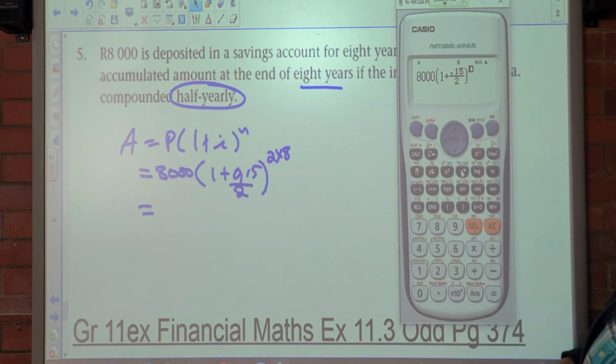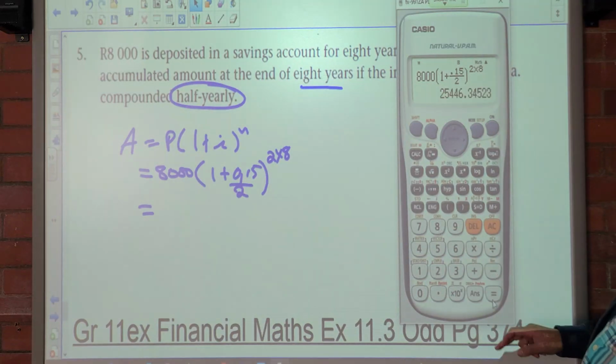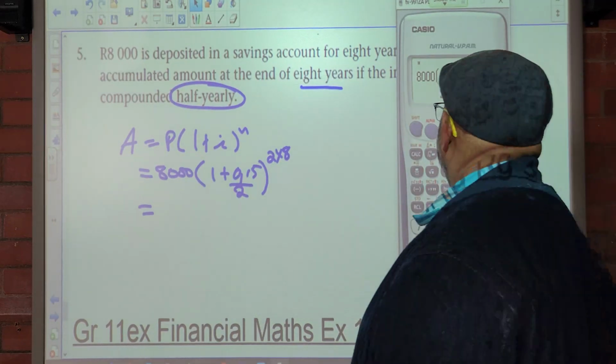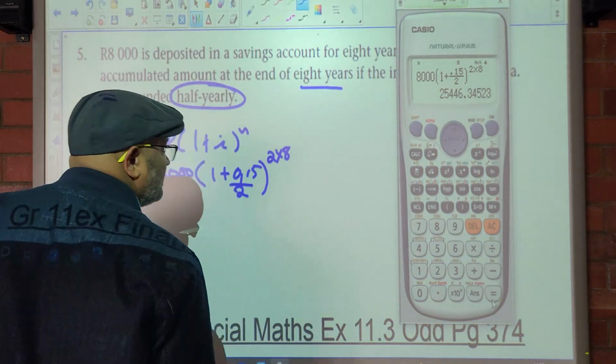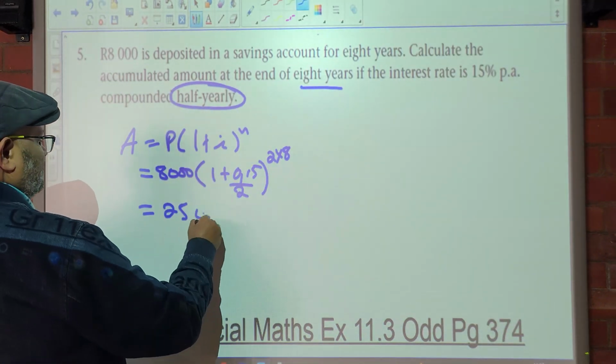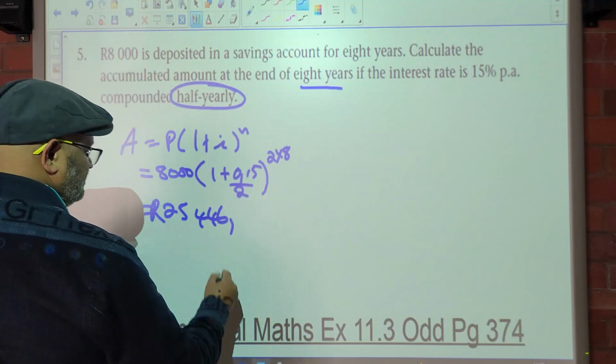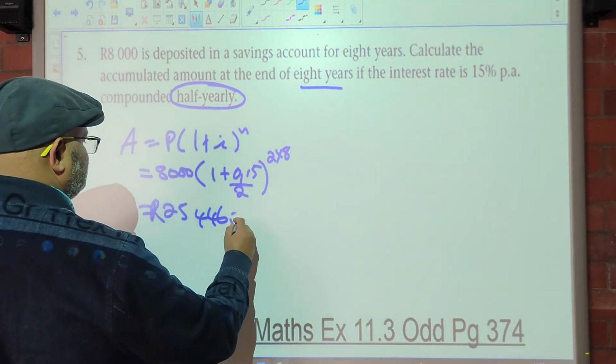It's a very high interest rate. That gives you 25,446 rand and 35 cents.